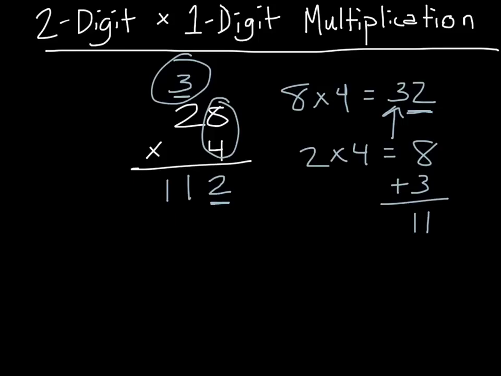Okay, let's try another example. How about 32 times 3?